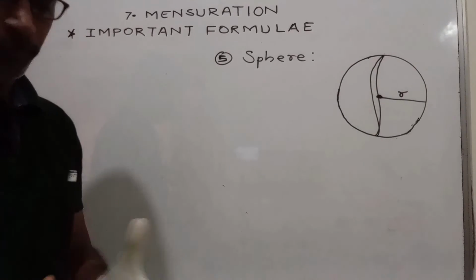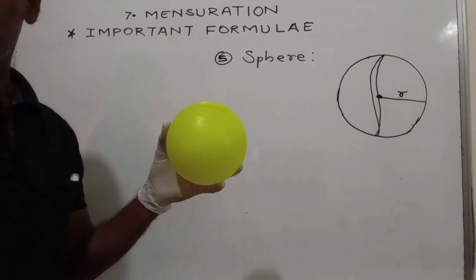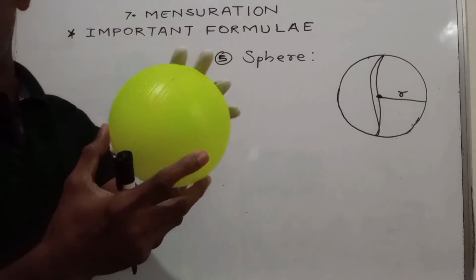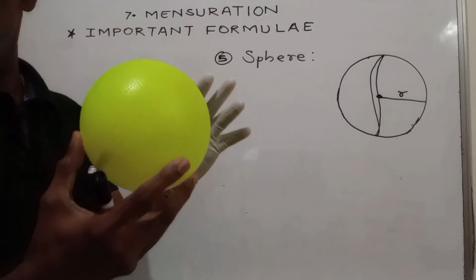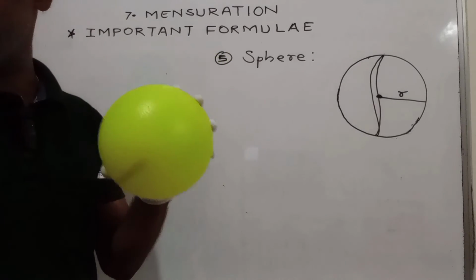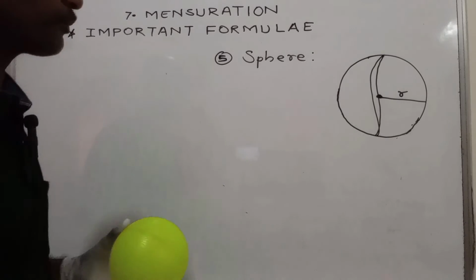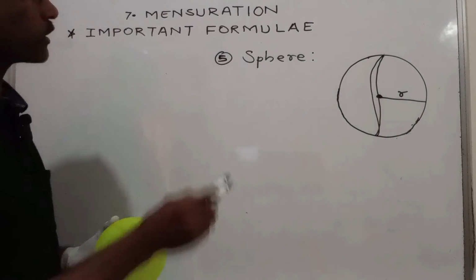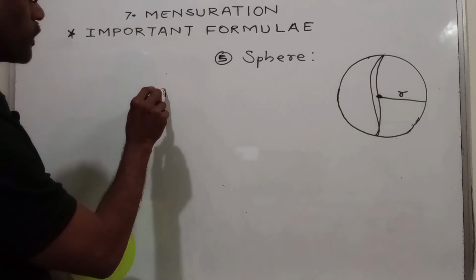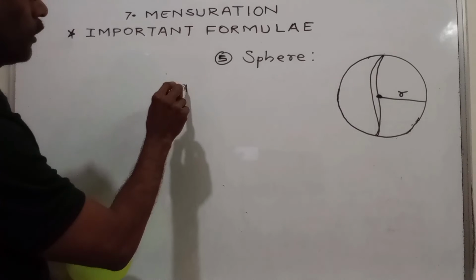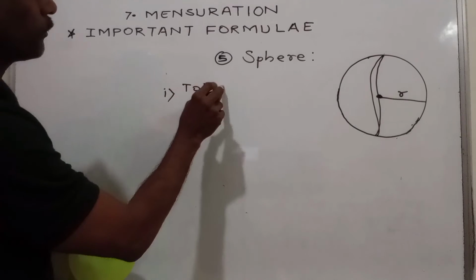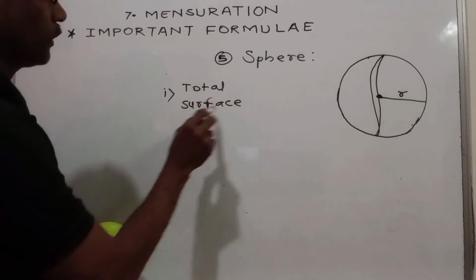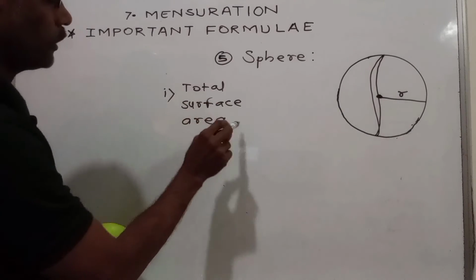Now sphere. This is a sphere, like this ball. Sphere is like a ball, okay, meaning a ball is a sphere. Now first we will find the first formula, total surface area.